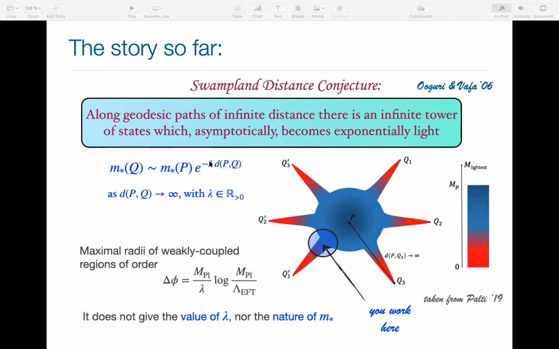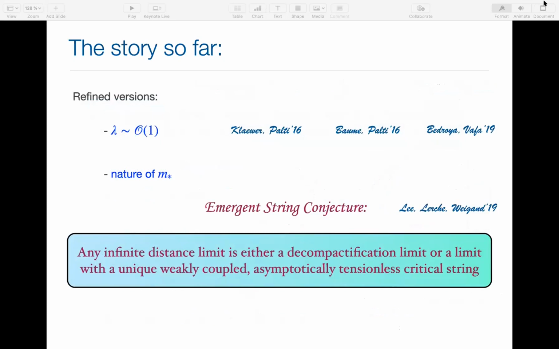And well, the conjecture doesn't tell you what this value is, and it doesn't tell you what is the nature of this tower. But as I said, given the amount of activity that this conjecture has created, especially by looking at examples in string theory, people have come up with revised versions that, for instance, postulate that this quantity should be of order 1, or even propose what the nature of this tower of states should be, like the emergent string conjecture that we just saw reviewed a few hours ago.